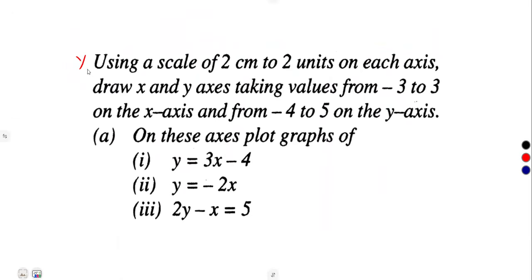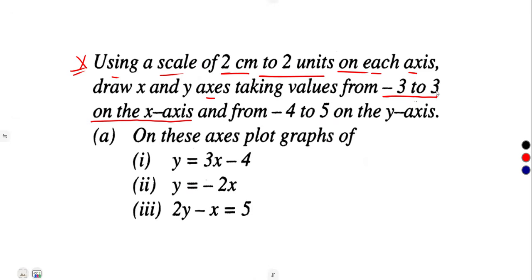We are being asked here to use a scale of 2 centimeters to 2 units, that is, to represent 2 units on each axis, on both axes. Draw X and Y axes taking values from -3 to +3 on the x-axis using this scale of 2 centimeters to represent 2 units.